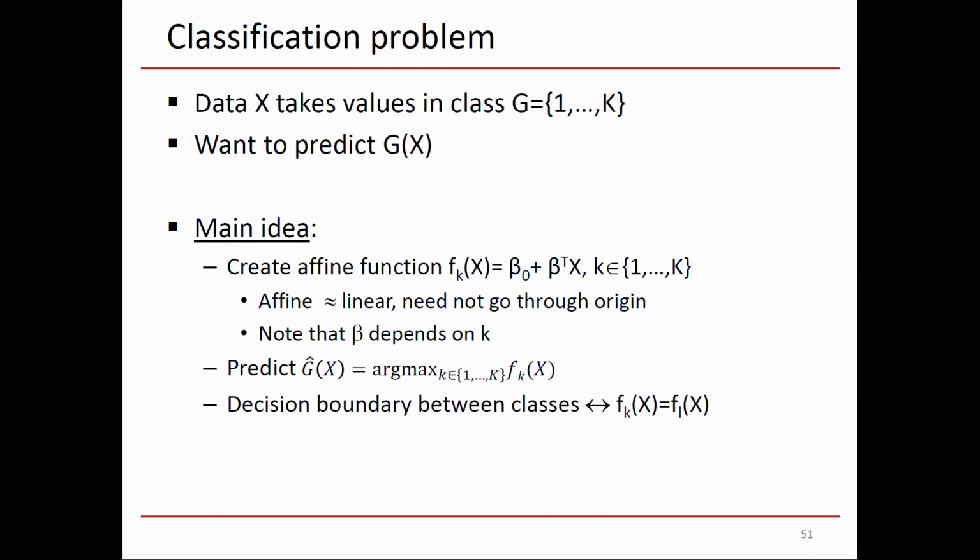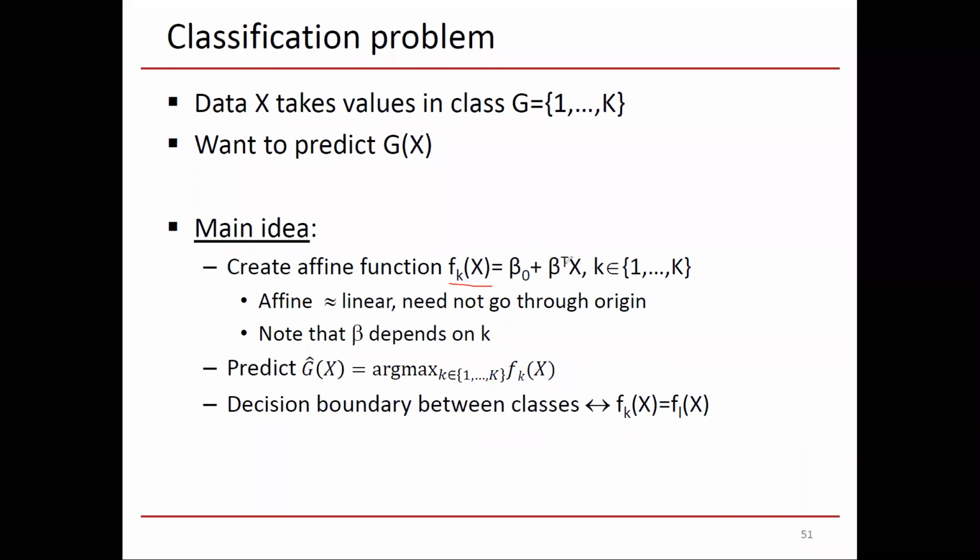So as usual, we're going to have training data and test data, but we want to predict G of x well. So we're going to create affine functions, f_k of x, for every class lowercase k, where k is 1 through capital K. For each of those k's, f_k of x will be beta_0, an offset, plus beta transpose times the data x.